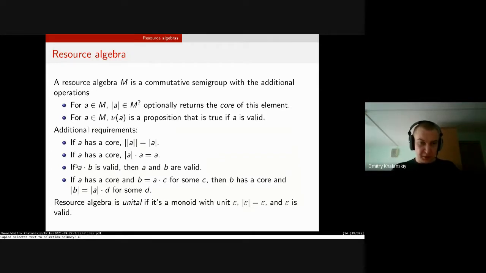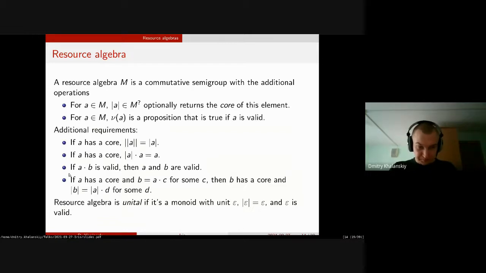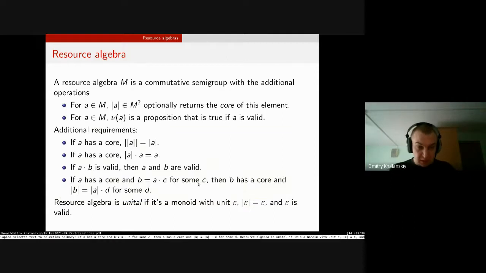Next, if we know that the composition of some resources is valid, then each resource on its own is also valid. And finally, the monotonicity requirement of the core.